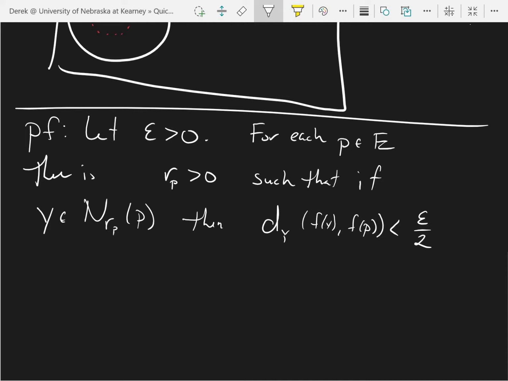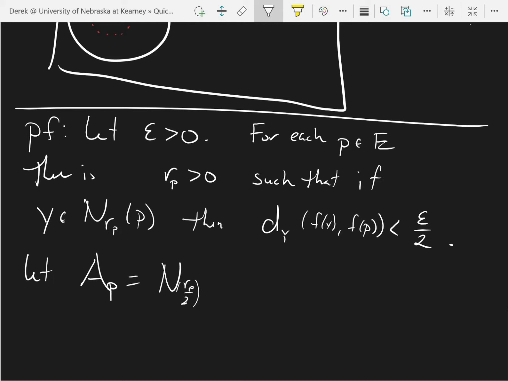Okay. Now, let A sub P be the neighborhood of radius R sub P over 2.